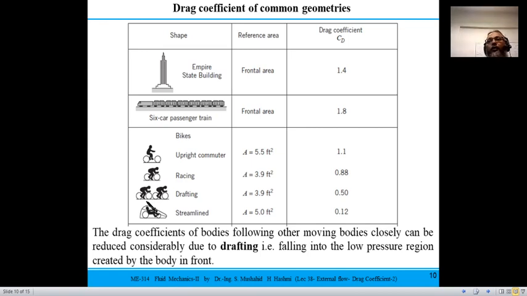Just following the car in front of you, you will be in the region of lower pressure. So your frontal pressure would be lower, and your rear pressure would be further lower. The pressure distribution changes, and that reduces the pressure drag component.